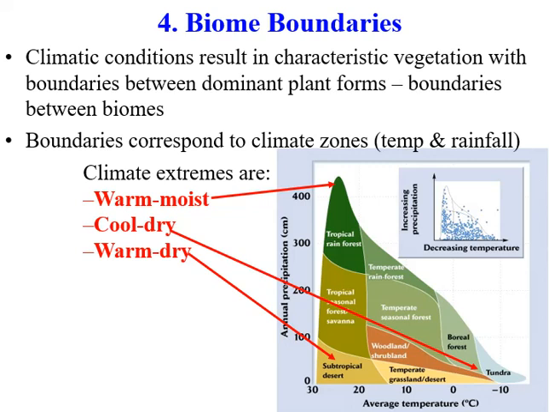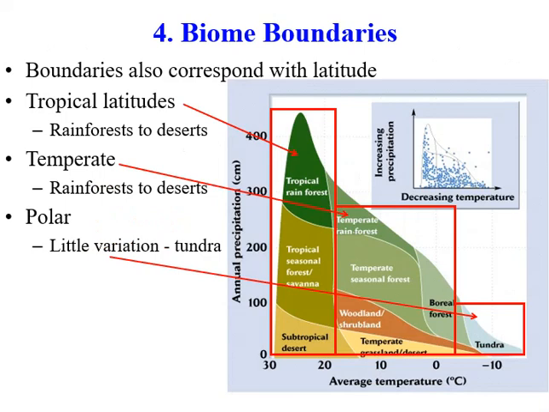So those are the climate. That's how the climate relates to these, first of all, these three different climate extremes: warm, moist, cool, dry, and warm, dry. So if you look at the vegetation that's associated with those, you can come up with 9 different types of dominant vegetation, or in other words, 9 biomes.